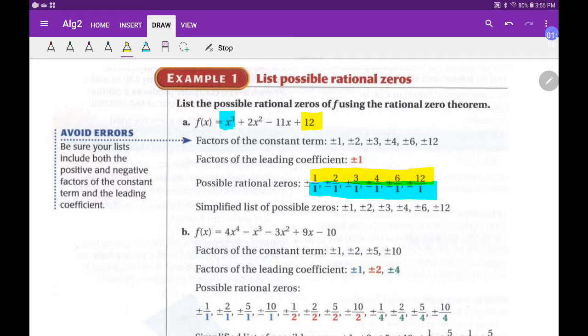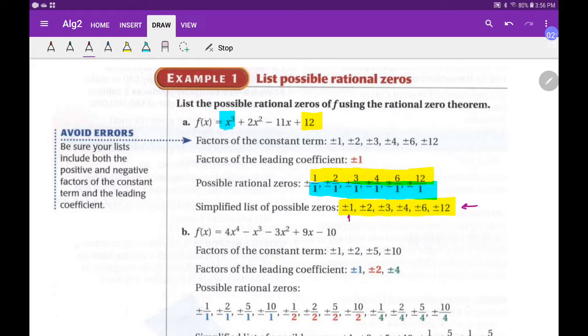Then I just go with the top numbers and I'm okay. So the possible rational zeros of this, we're not saying they couldn't be something else, but if you want a zero that's rational, it's going to be one of these, okay?